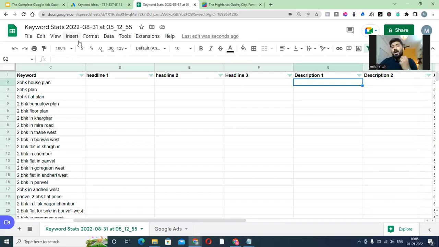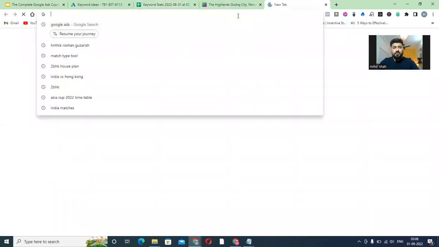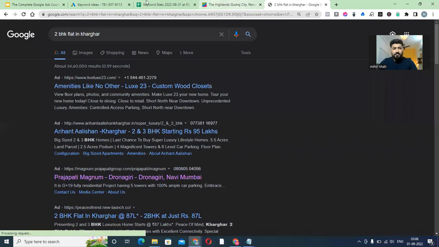Now let me tell you how an ad works when it comes to Google. Whenever you are searching something, you punch in a keyword, you hit enter and you see a couple of results. So let me do this right now. 2 BHK Kharghar is one of our keywords. I hit enter.